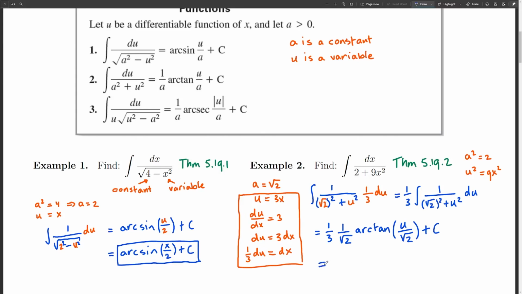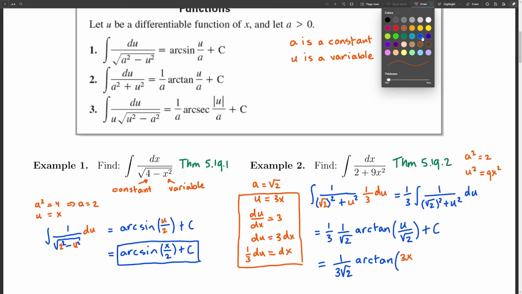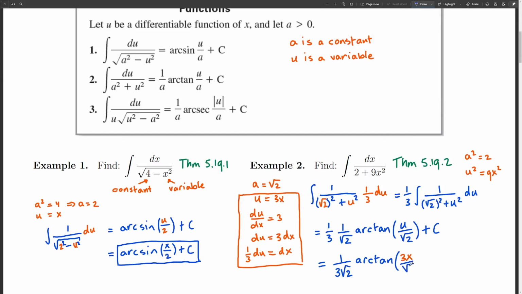Finally, I write that as 1 over 3 times square root of 2. You don't have to worry about getting that square root out of the denominator. I'm perfectly fine with leaving it like this. And then times the arctan, and the substitution that we made was u equals 3x. So this u here can be replaced by 3x, and then we're still dividing by our square root of 2. We add a constant of integration, and that is our final answer.